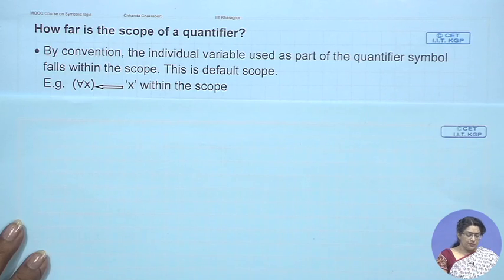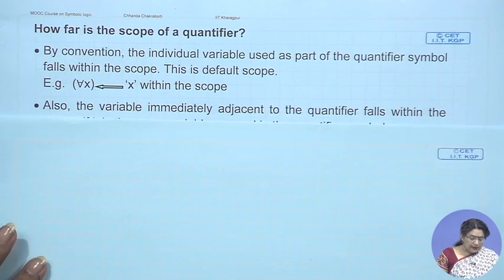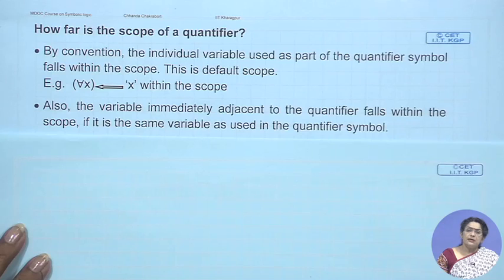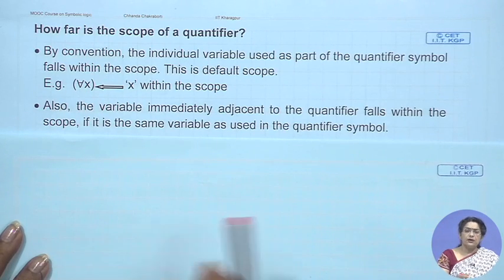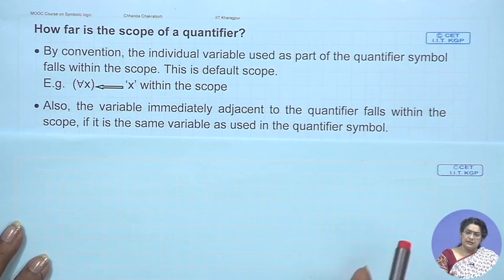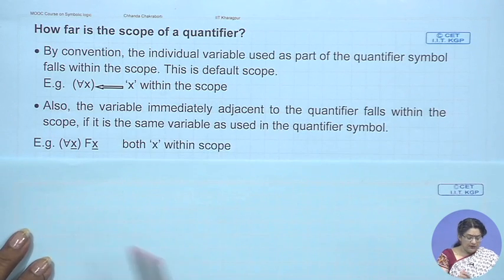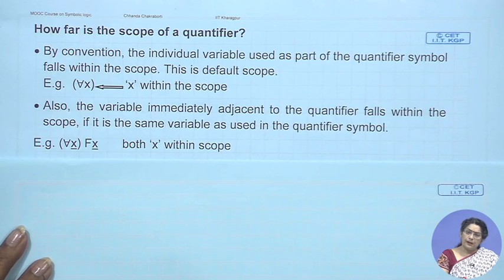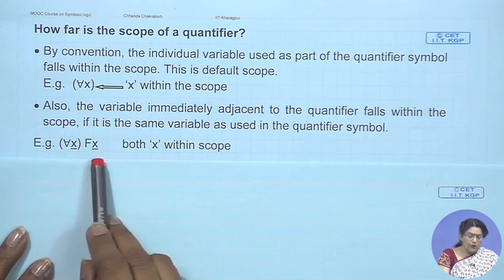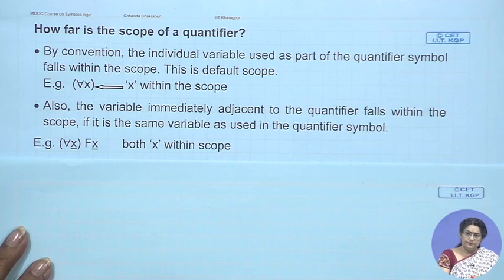This is the convention. But then you are also using other variables after that, right? Only this cannot be a full sentence. So, there are other variables. Remember that the variable that is immediately adjacent to the quantifier symbol also lies within the scope of the quantifier, if it is the same variable that is used in the quantifier symbol. So, for example, if you have for all x, f x, now here you have two occurrences of the variable x.